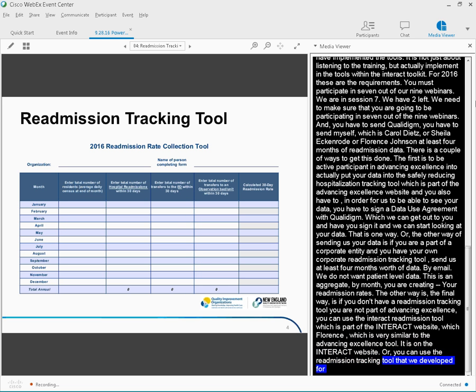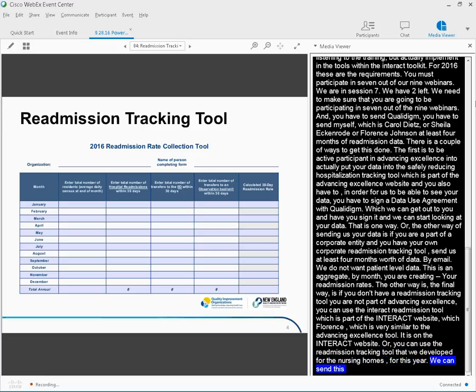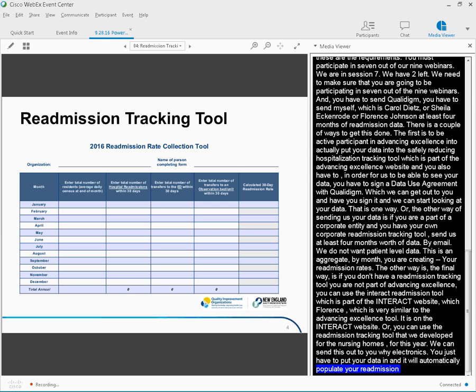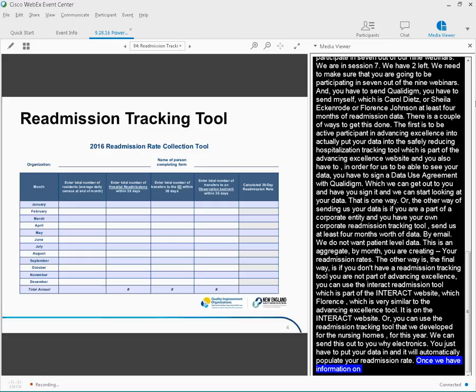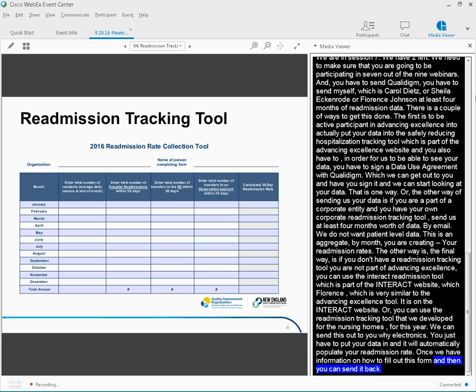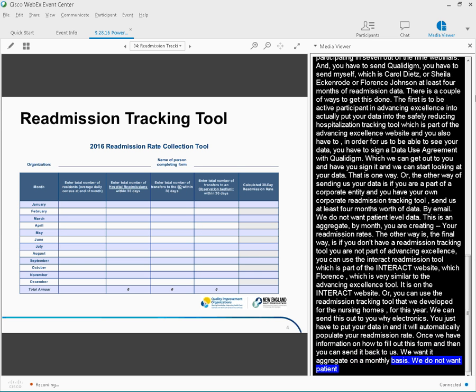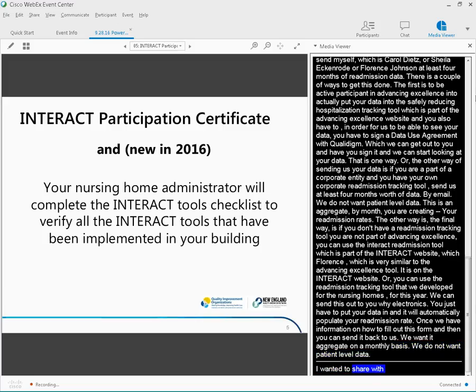We can send this out to you electronically. You just have to put your data in, and it will automatically populate your readmission rate. We have information on how to fill out this form, and then you can send it back to us. Again, we want an aggregate on a monthly basis. We do not want patient-level data.